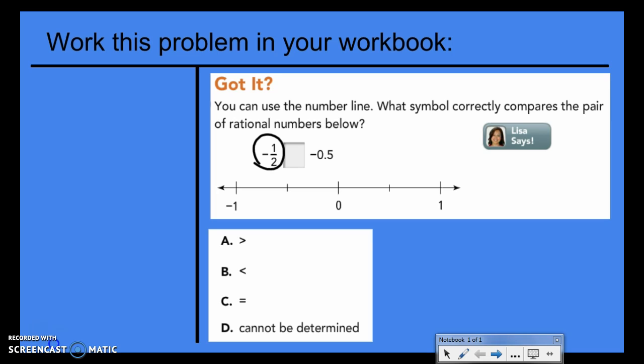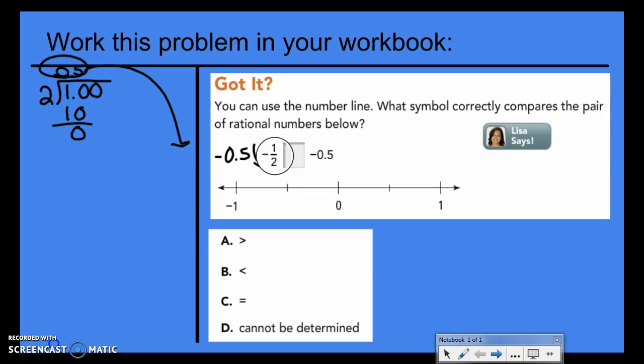Your denominator is your divisor, and your numerator is your dividend. We know that 2 cannot go into 1 evenly, but it can go into 10 5 times, which gives us 10 and a remainder of 0. So, our answer, when we are turning -1/2 into a decimal, is -0.5. We're comparing -0.5 and -0.5, and I hope at this point you can see that they're equal.